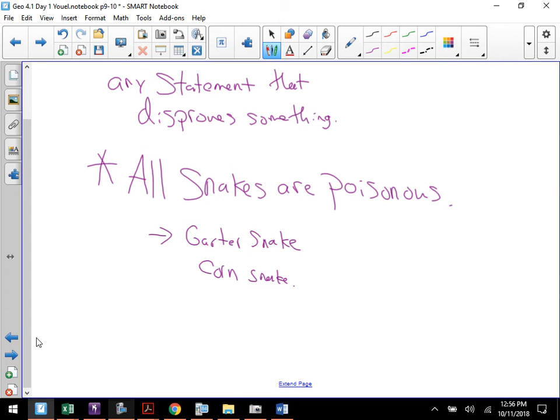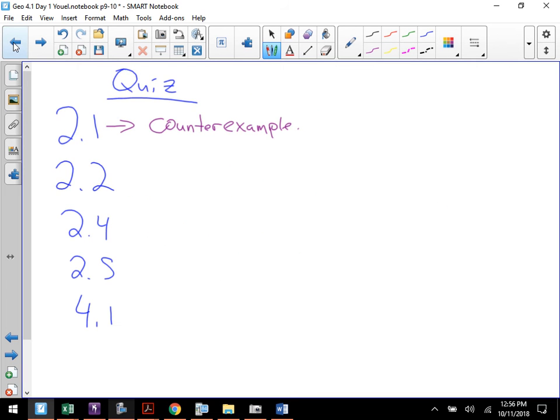But yeah, anyway, counterexample: anything that disproves a given statement. When we used counterexamples, we used them with all that P and Q stuff.